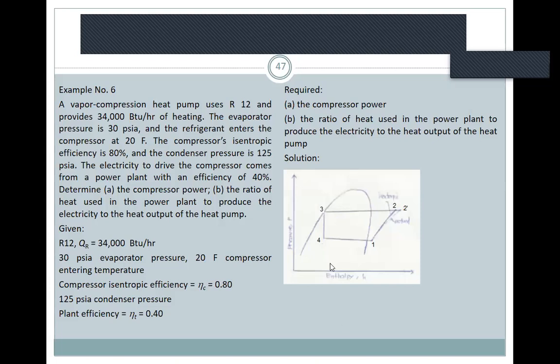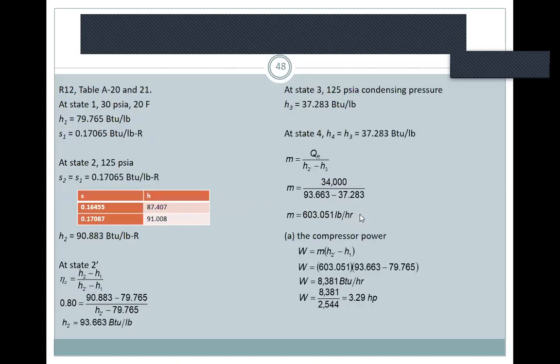So dito, cooling. Nag-provide siya kay heating. So sabi, itatransfer yung heat. So it's 2 prime to 3. Condenser sa heating doon. So M is QR over H2 prime minus H3. So 34,000 over 93.663 minus 37.283, or 603.051 pounds per hour.